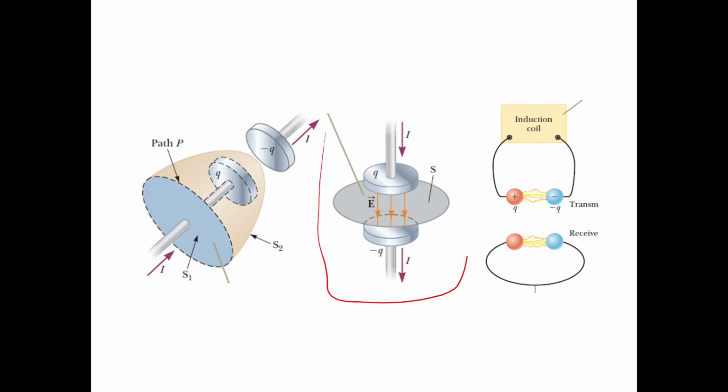In this case, we have electric charge, which creates an electric field, and some surface perpendicular to the electric field vector. Since the electric field is uniform and this surface is perpendicular, we just have the product of electric field and area of this plate of the capacitor.